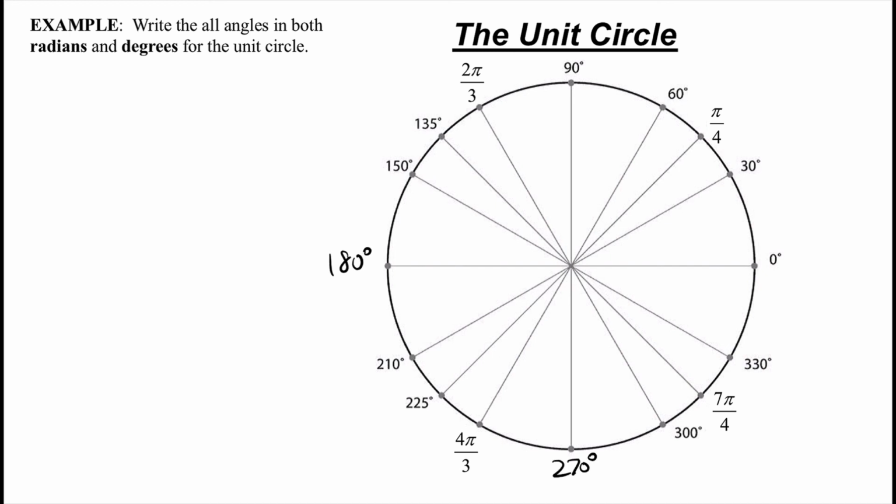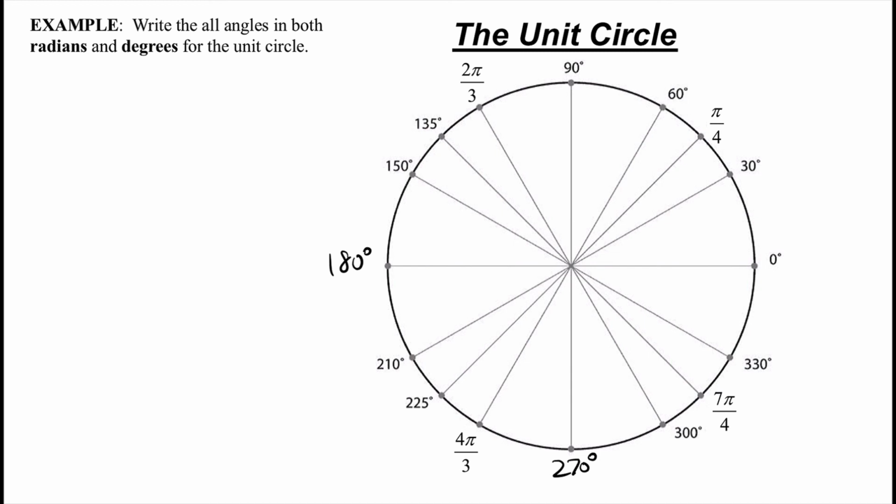Okay? So what we're going to do here, this is something called the unit circle. Don't worry about the name right now. We'll talk about it later. But for today, something that's going to help you in future classes and future lessons, on future tests, on future quizzes, is filling this guy out.